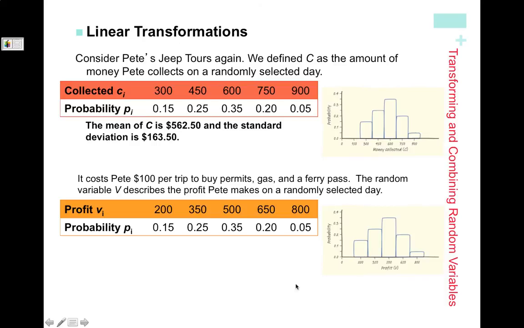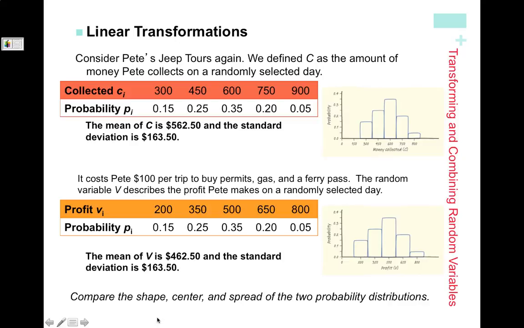Here's our new histogram, our new mean, our new standard deviation. Compare the shape, center, and spread. Write down a quick statement about how you think each of these 3 things has changed. Well, the shape is the same. The mean has decreased by 100, and the standard deviation hasn't changed.